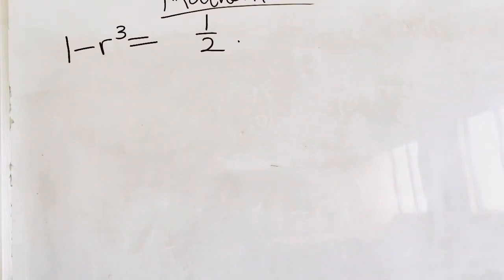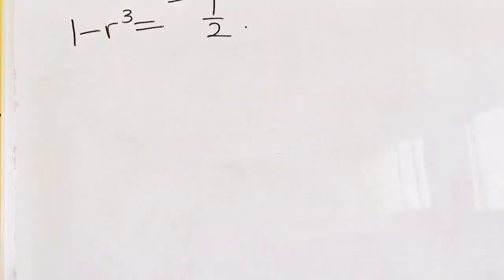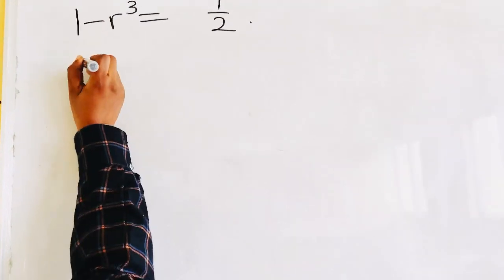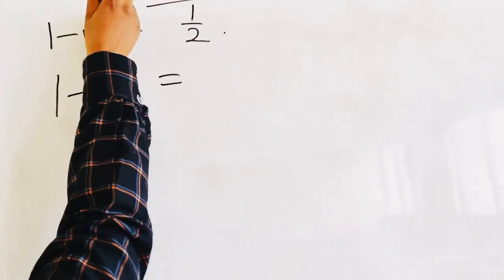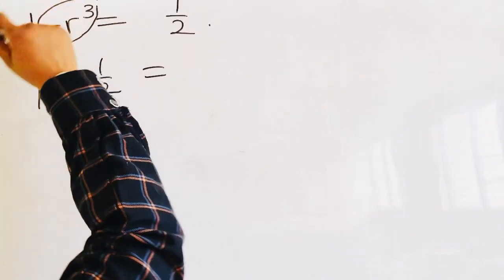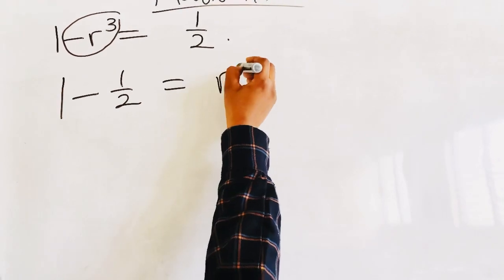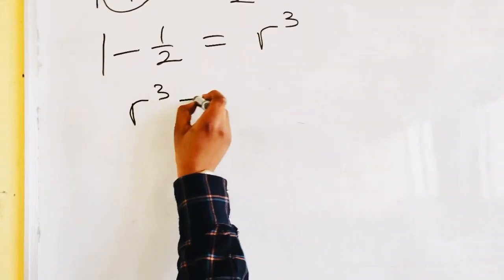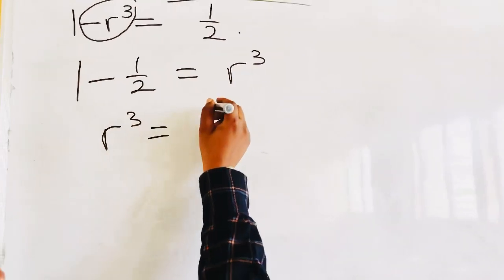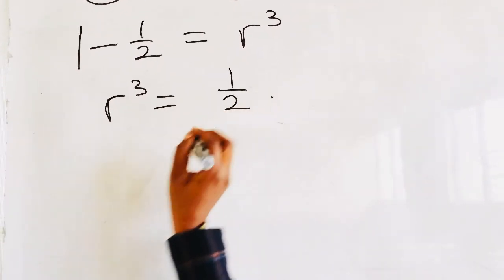So from here, we want to make r cubed the subject of the formula. You can say 1 minus 1 over 2 is equal to r cubed, because if this negative r cubed goes out, it becomes positive r cubed. So r cubed is equal to 1 minus half, which gives 1 over 2.